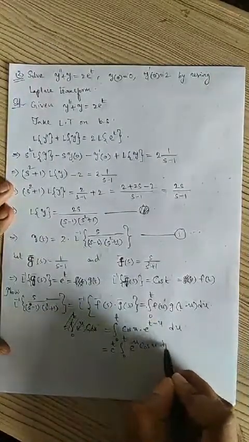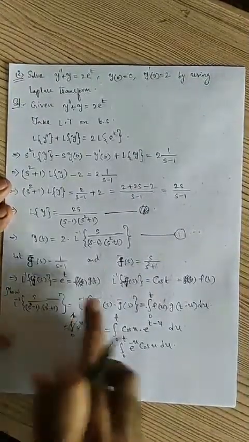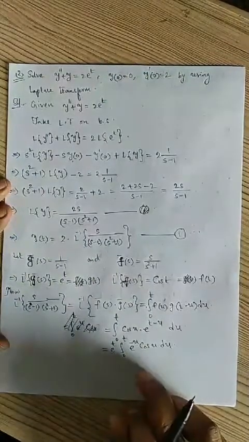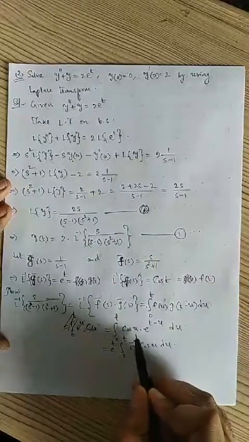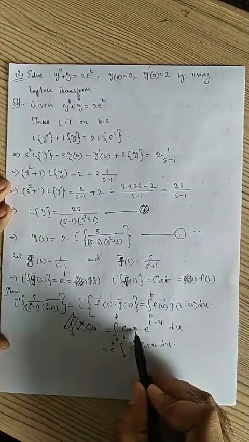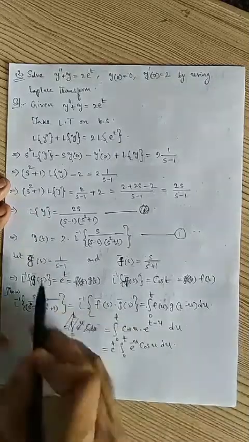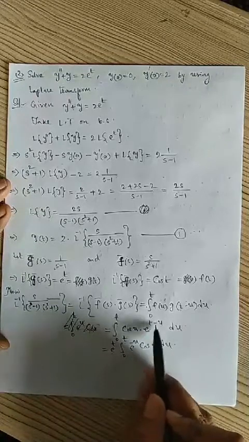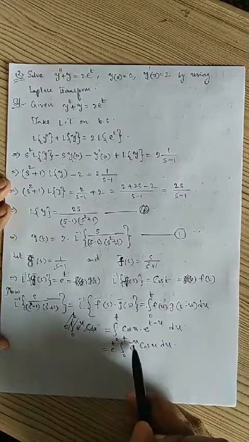This feasibility will be there if we select this as the second function and this as the first function, whereas in the previous selection this possibility is not there. We used to get cos t minus u, which cannot be separated. Hope you have understood why I am selecting this as the second function: because if e power t minus u is there, I can write e power t outside and the remaining is e power minus u into cos u.